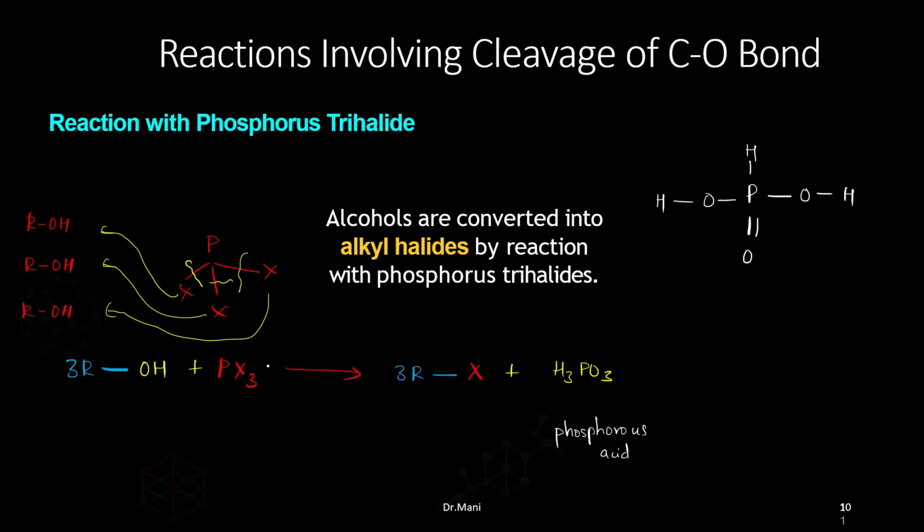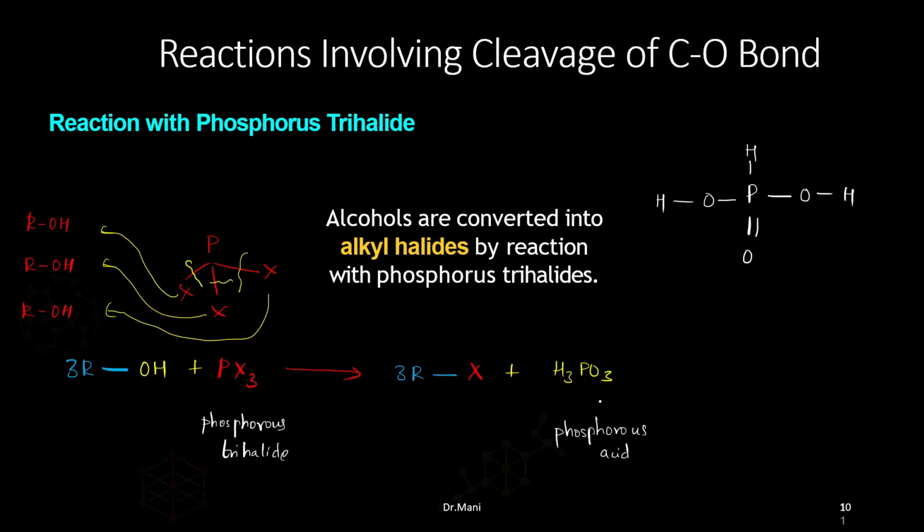So just remember, when an alcohol reacts with the phosphorus trihalides, so what is this? This is called the phosphorus trihalide. So when you react with this phosphorus trihalide, it will give alkyl halides and phosphorus acid.